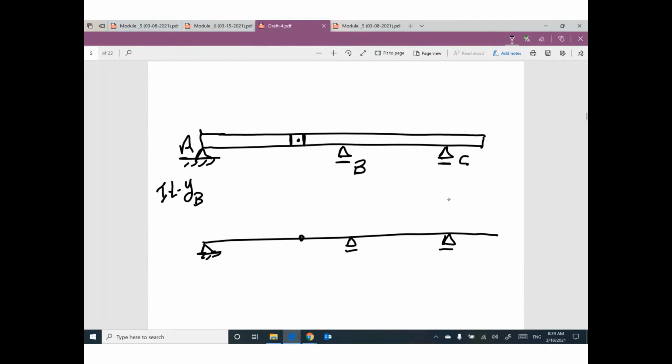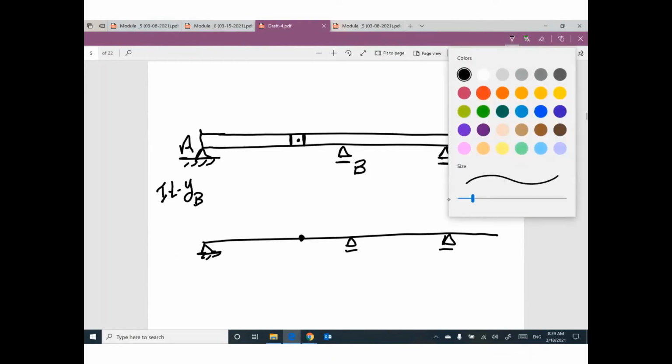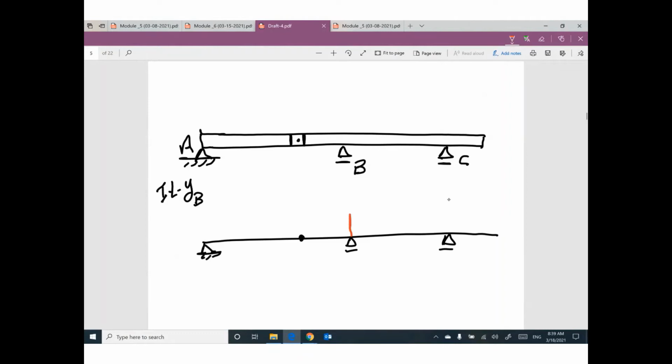Here is the connection. If you push support B up by 1, any other support will remain as it is. I believe this part of the beam is 1 unit. It will be like this. That makes sense? Because I pushed support B up by 1 and the support C as it is.